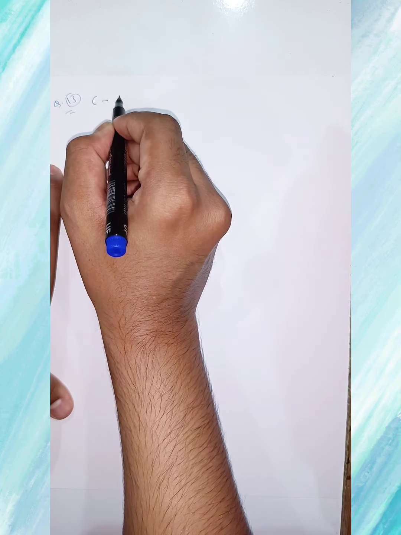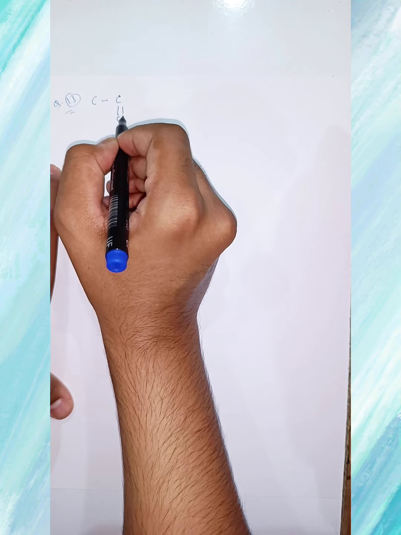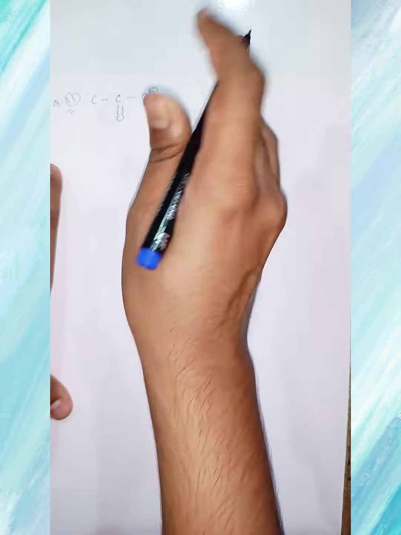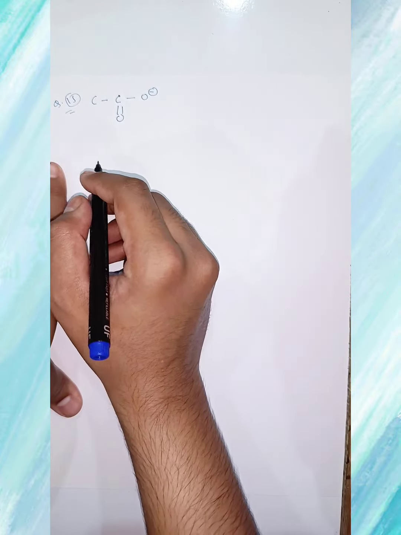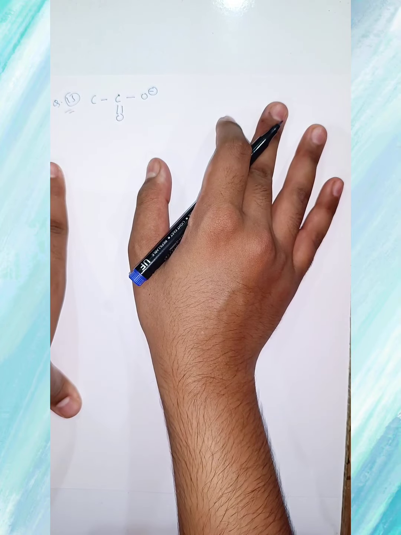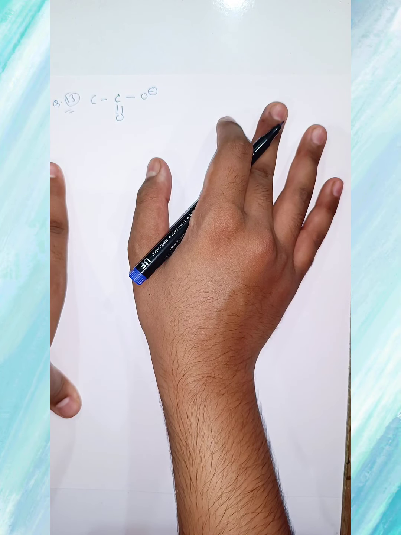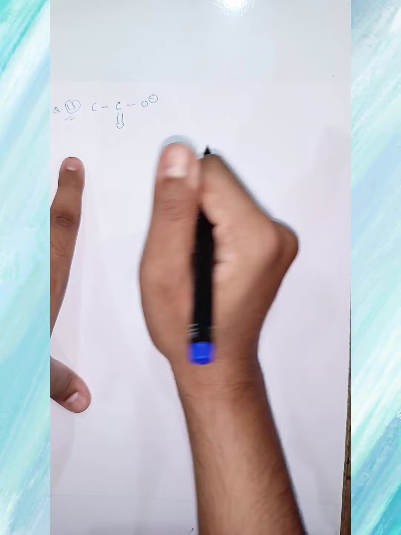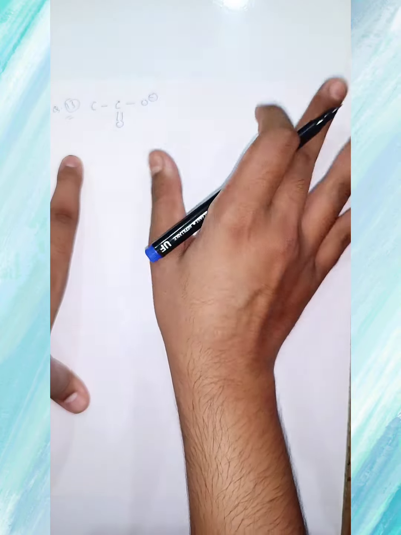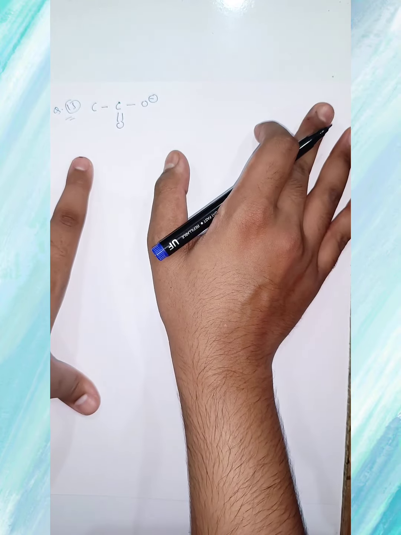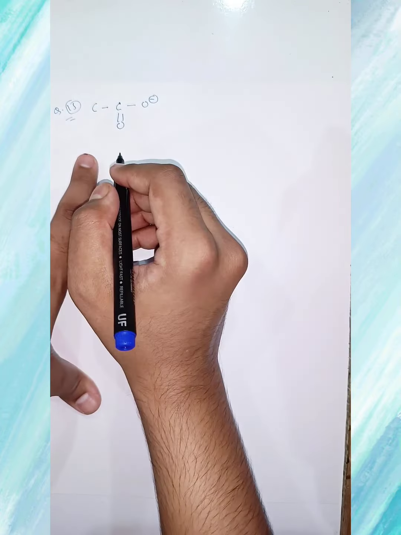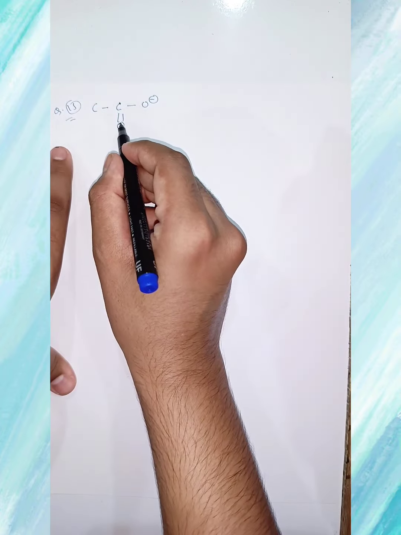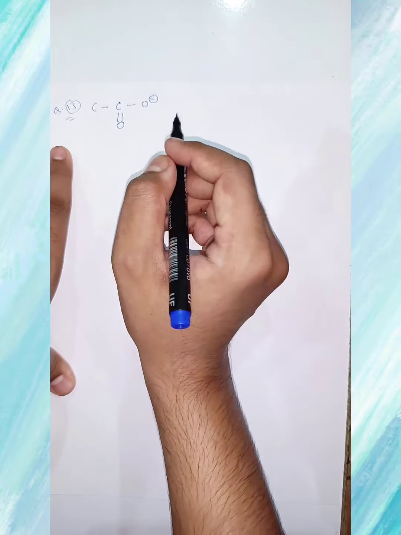Consider this compound, C double bond O negative. We have to calculate its DU. You can directly use the formula or the concept that we are using for now. We will be solving it using the basic concept, not the formula, though you can solve using the formula. How we will be solving questions from now is by counting.